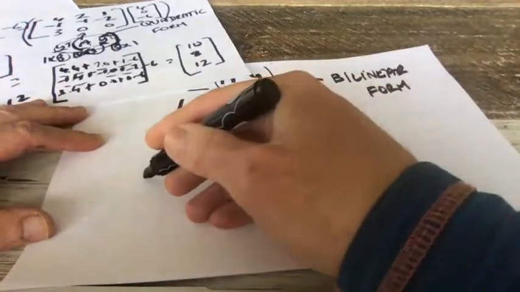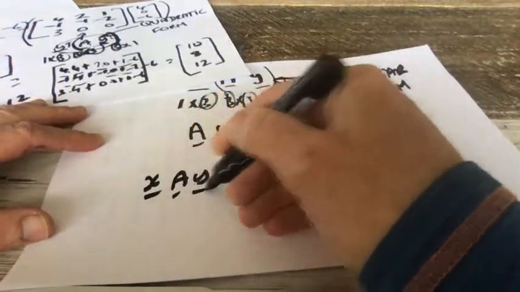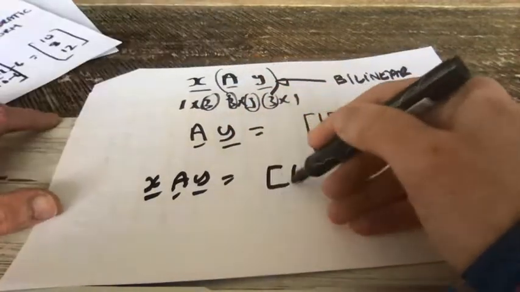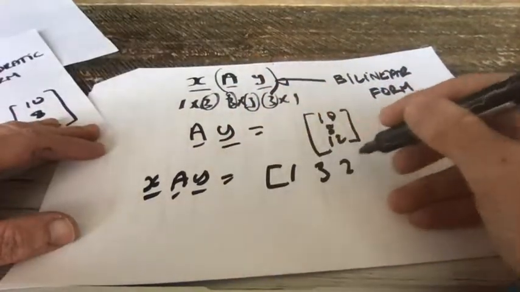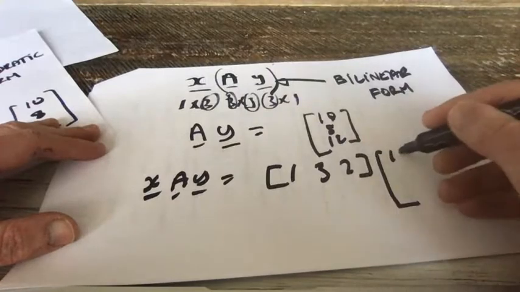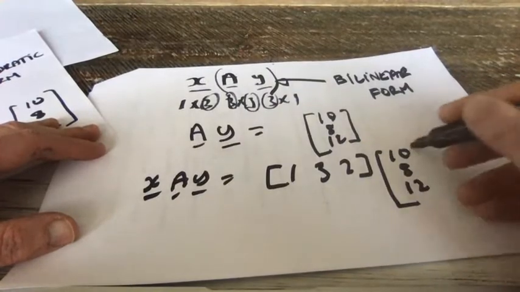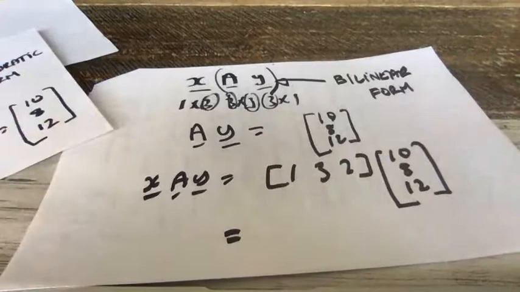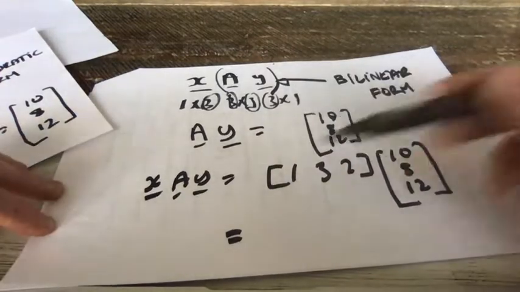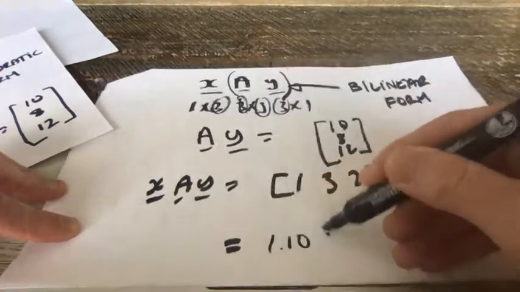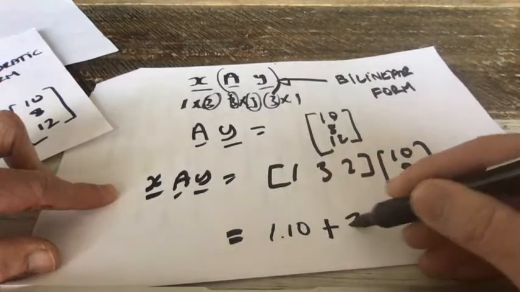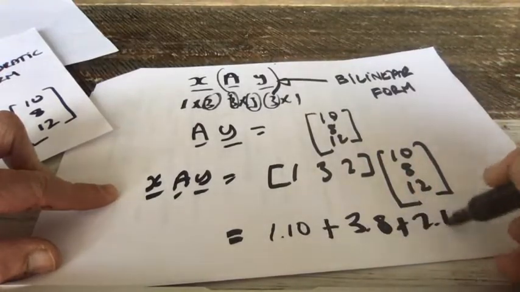And if I multiply then X by AY, I get 1, 3, 2 by 10, 8, 12. And what I end up with then is a number, okay? Again, is a number. So it's 1 by 10 plus 3 by 8 plus 2 by 12.